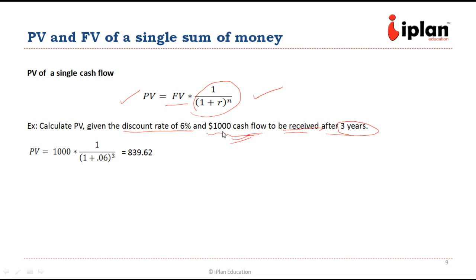What is the value of this money which is to be received after 3 years? The present value is this number divided by the future value factor, which is 1 plus r to the power n. The interest rate is 6%. The time period is 3 years. We get 839.62. This is the present value.